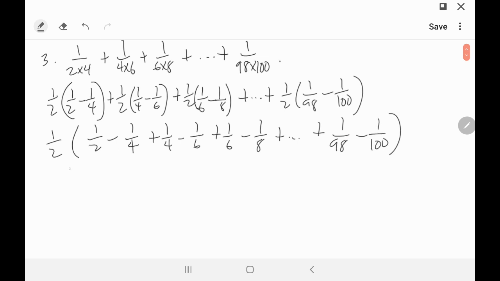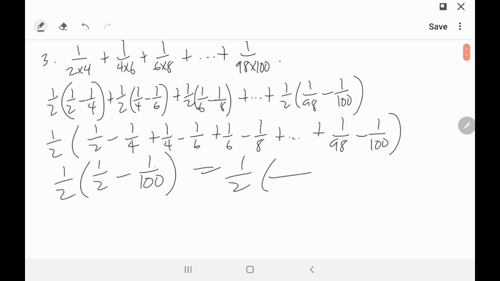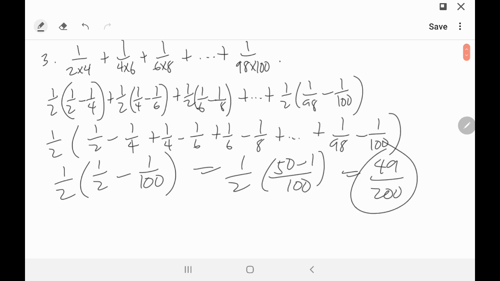And we will be left with, inside the parentheses, 1/2 minus 1 over 100, and all multiplied by 1/2. So we will now have the common denominator here is 100. 100 divided by 2 is 50, 100 divided by 100 is 1, so 50 minus 1 is 49 over 100, times 1/2. So that would be 49 over 200. So that is our final answer.